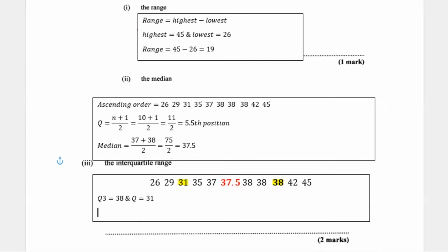So now we can go ahead and calculate our interquartile range, which is equal to Q3 minus Q1, which would be 38 minus 31. From our data set, we already know what our median is.